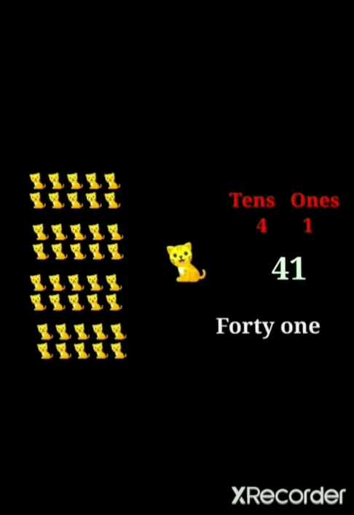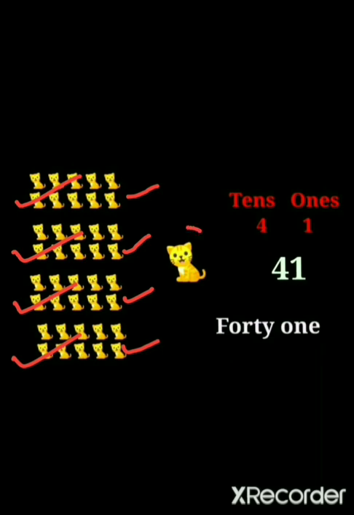Next example. Group of 10 cats, group of 10 cats, group of 10 cats, and at last group of 10 cats. Total 40 cats. 10 plus 10 plus 10 plus 10, 40.